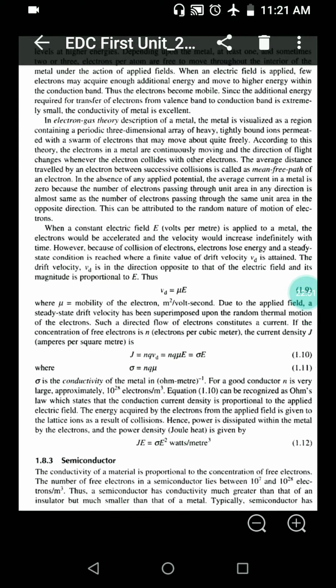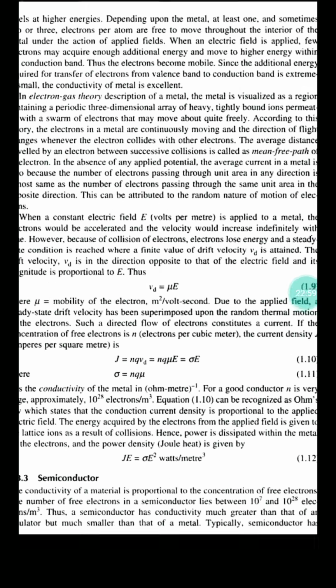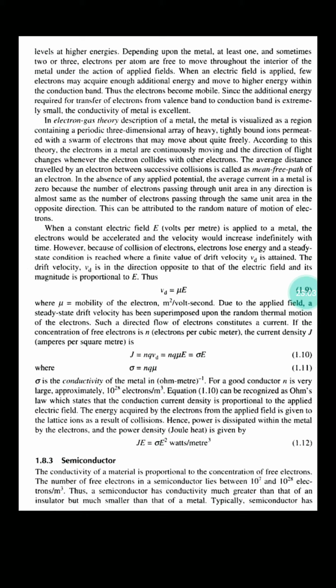Now coming to some definitions. Just here, J is equal to sigma E bar. Then what about sigma? Sigma is equal to J by E bar. Based on this expression, we can give one definition. Sigma is the conductivity of the metal.